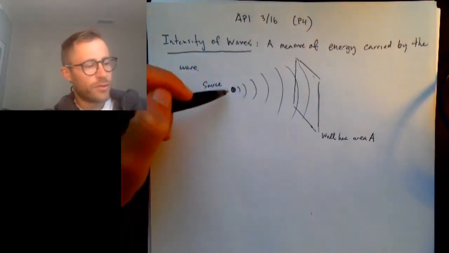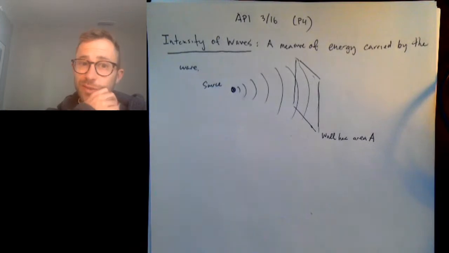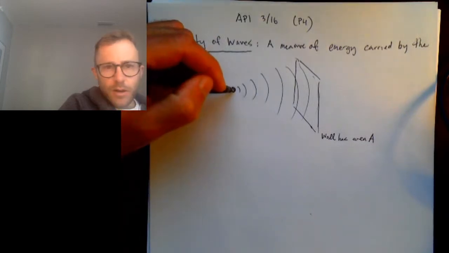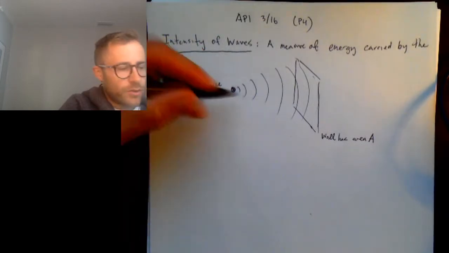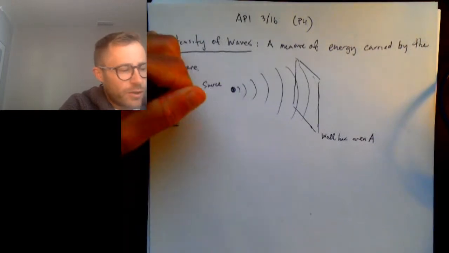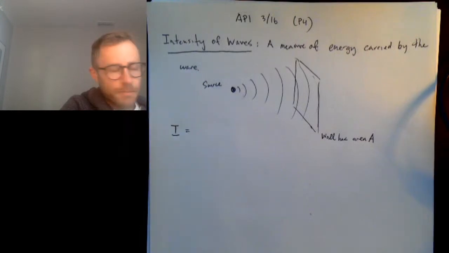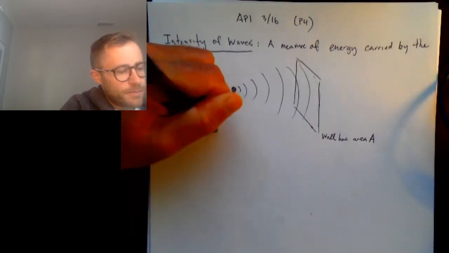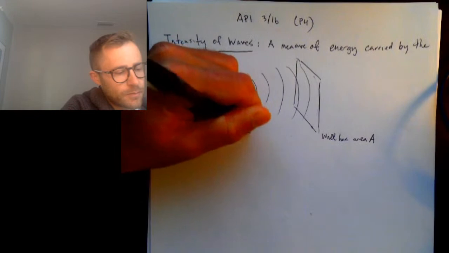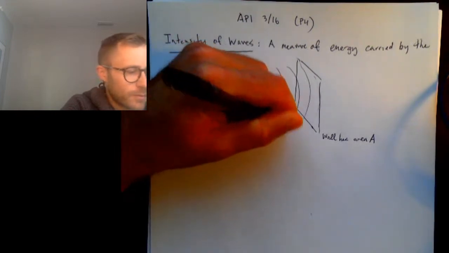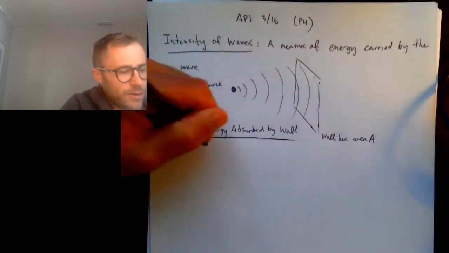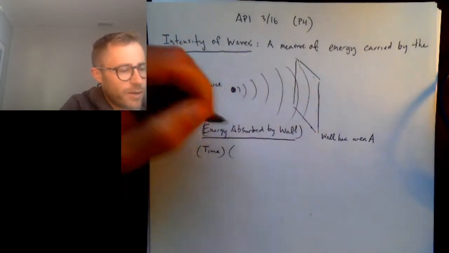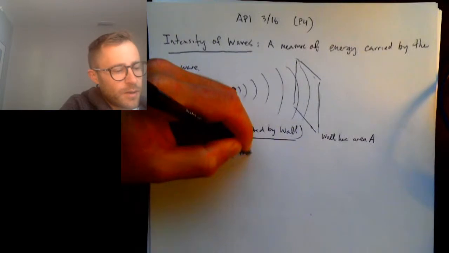Now, because the source is emitting waves continually, there's a certain rate at which the source is emitting energy, and so there's a thing called intensity, which is the energy absorbed by the wall divided by time, and also divided by the area of the wall.